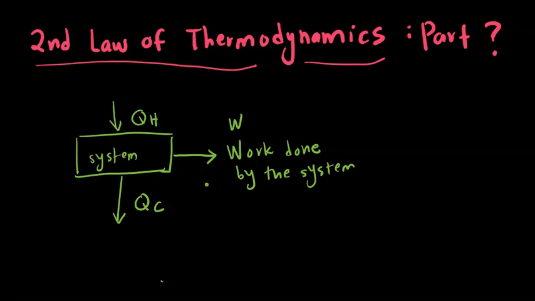You can imagine this as if you are eating food, right? So let me write that in a different color because this is just an analogy. So you take in food. You are the system. This is you, alright? So you take in food, and with that food, you get some energy to do some work. So you use that food to go for a jog. But not all of that food is converted into jogging, right?